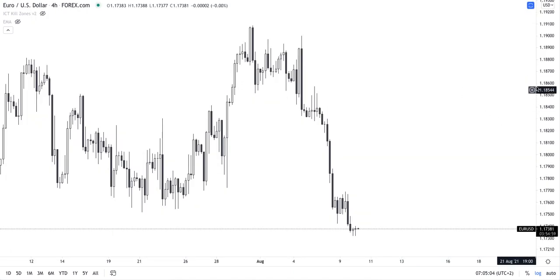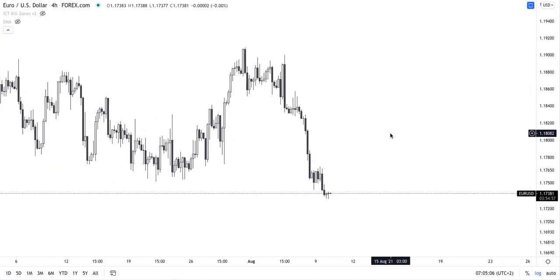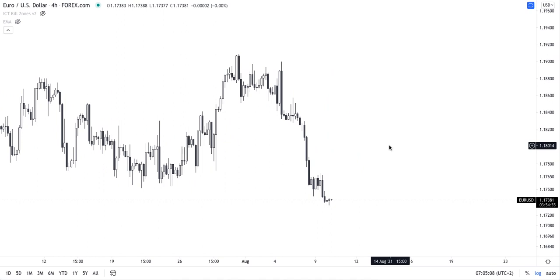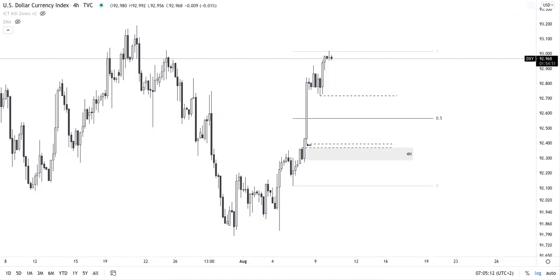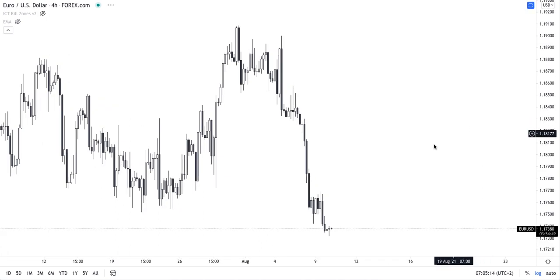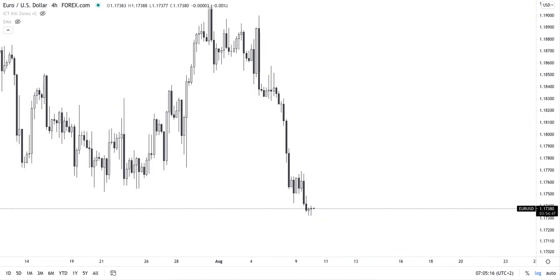Sorry, back to EU. Yes, actually the opposite of what we've drawn on the dollar index is accurate for EU, because they're so correlated. So we have that liquidity area over there.